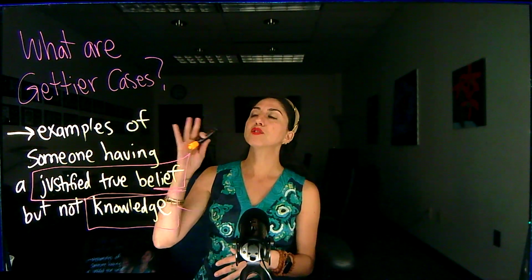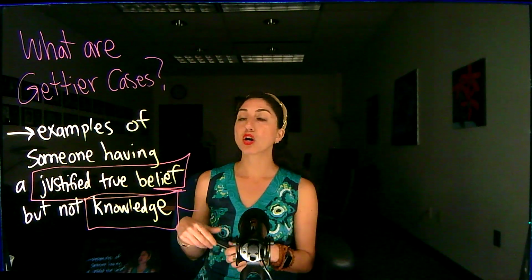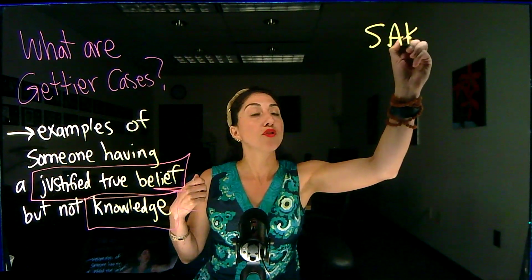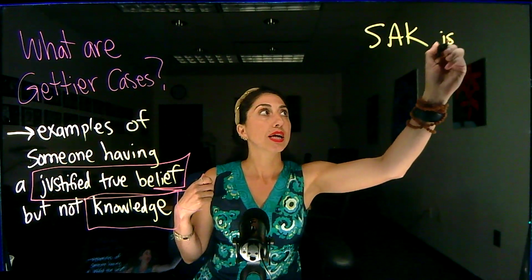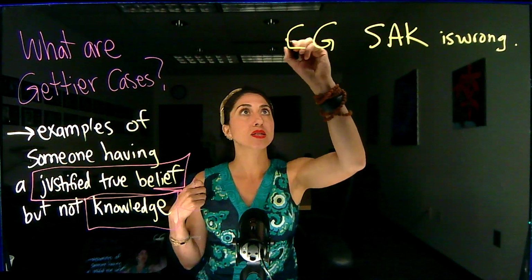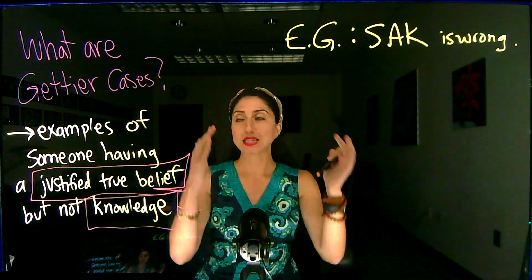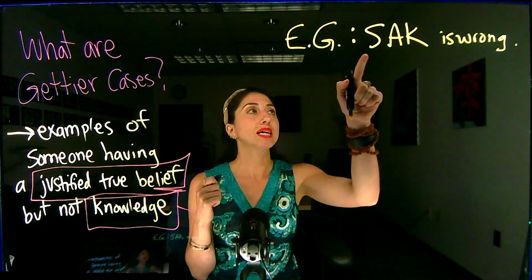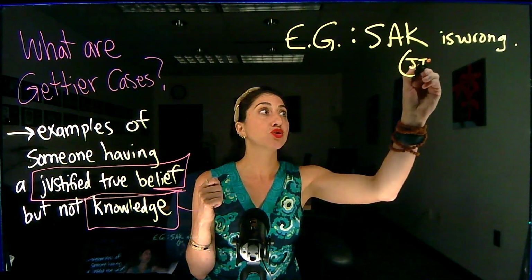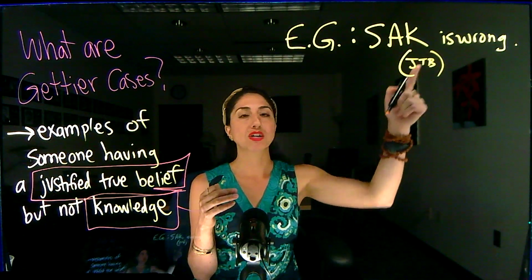So what Edmund Gettier is famous for doing, on one hand, is arguing that the standard account of knowledge is wrong. That's what Edmund Gettier says in that famous 1963 paper, that the standard account of knowledge as justified true belief, breaking down knowledge as a justified true belief, is wrong.